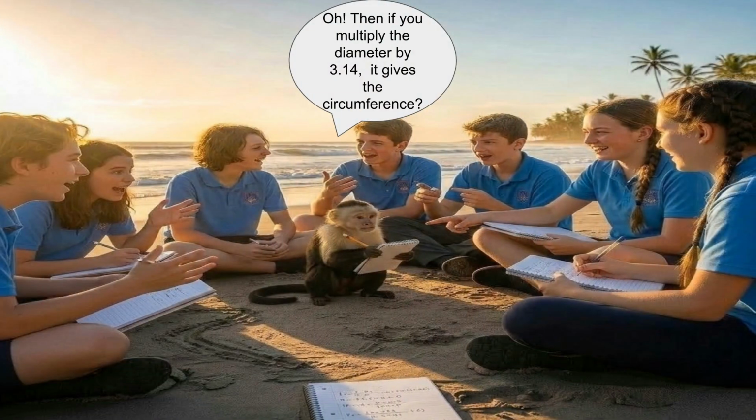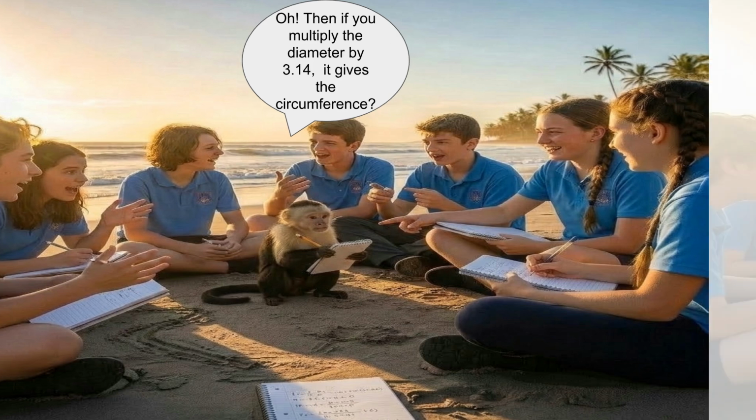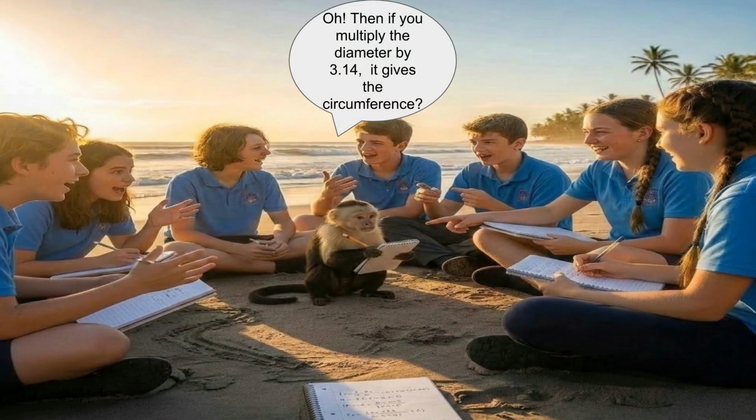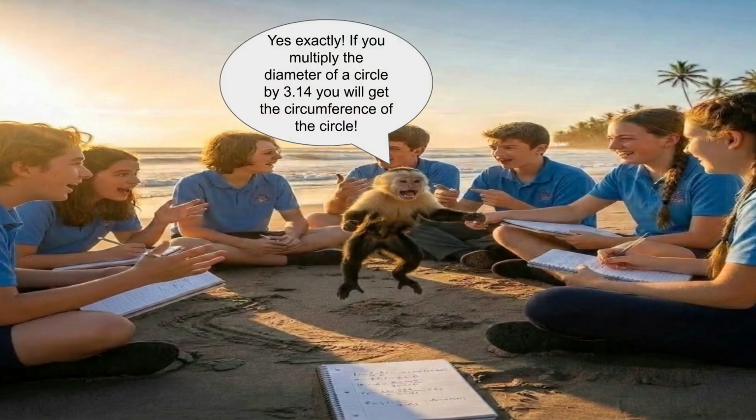This means that if you multiply the diameter by 3.14, it gives you the circumference of the circle. Yes, exactly. Multiplying the diameter of a circle by this constant ratio gives the circumference of the circle.